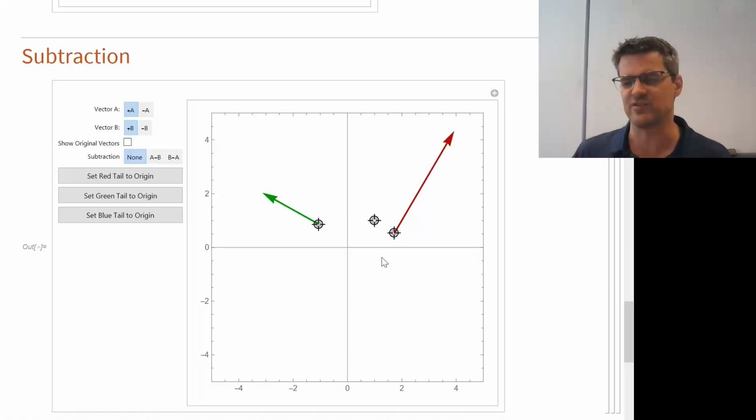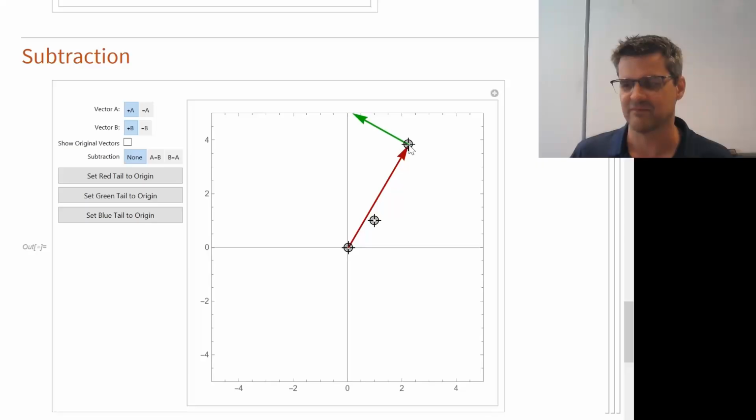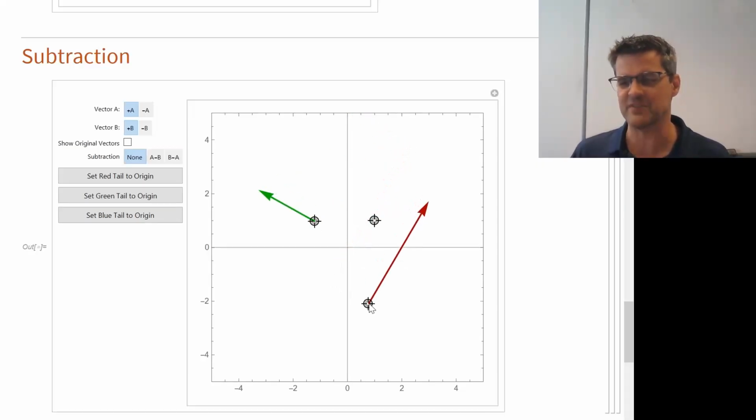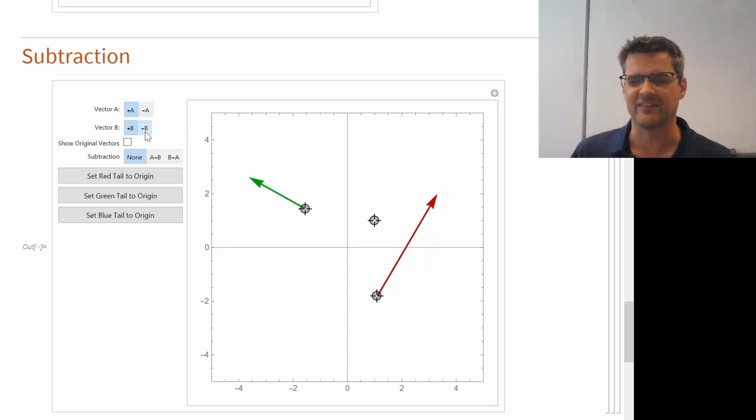So now we've got these 2 vectors. If we add them together, we would get something like so. But I would like to subtract. And what I'm saying I'm doing when I subtract is I'm adding something to the negative of the other.